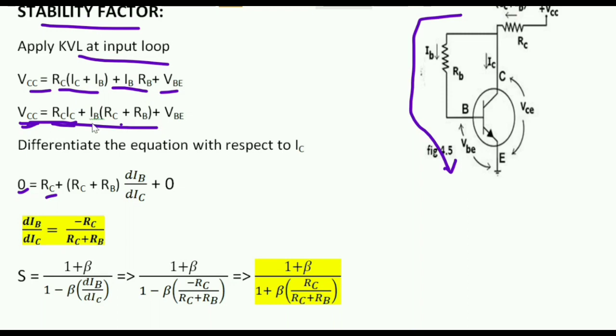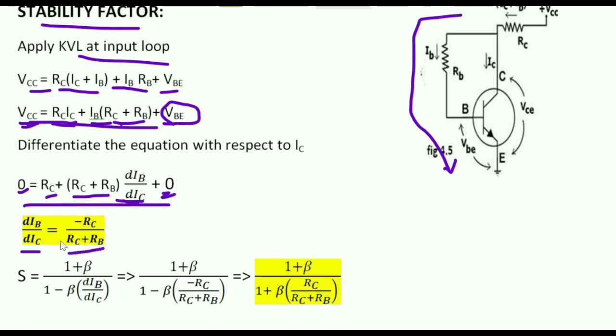And if we differentiate this, dIB by dIC into RC plus RB, as these two values are constant, RC plus RB into dIB by dIC is the resultant, plus dVBE by dIC, as the VBE is constant, the value will be 0. As we know, the differentiation of a constant is 0. If we simplify this equation, we will get dIB by dIC equal to minus RC by RC plus RB.